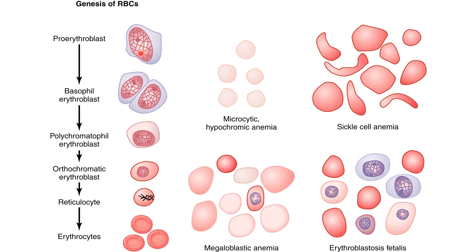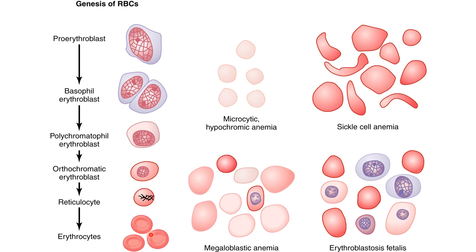But as they develop, they will continuously lose these organelles. So you will see them getting fewer and fewer organelles and smaller and smaller in size, and eventually it will develop the biconcave shape. Okay? And what is the goal again? To increase the amount of hemoglobin inside the cytoplasm.